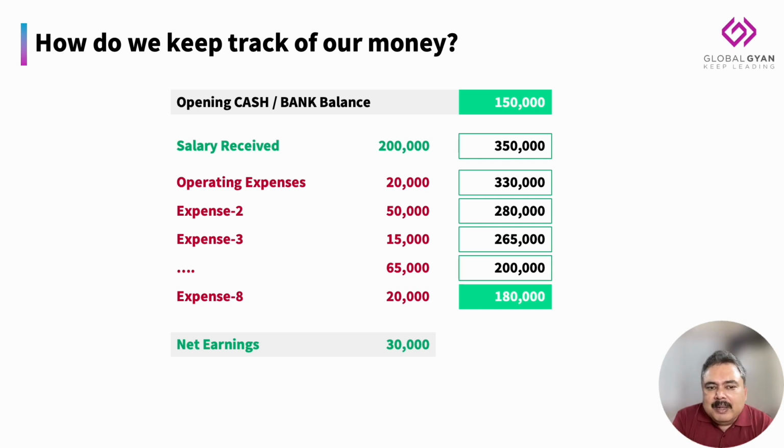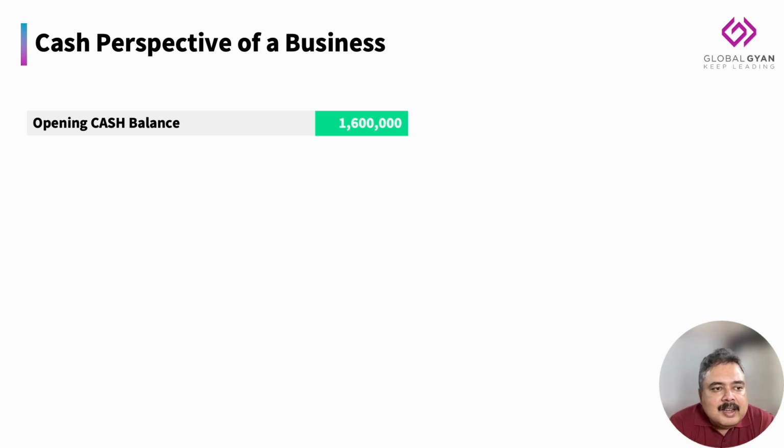So it's pretty simple, because as and when we receive something in the bank, we know it's coming, and when you spend, you take it out of the bank, and you can quickly keep track of what's happening. So let's take a business that has, let's say, 1.6 million in the bank at the beginning of the month, and during the month they get 700,000 in money from their customers.